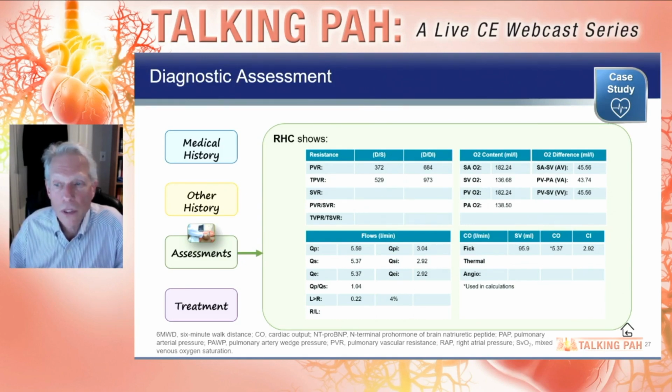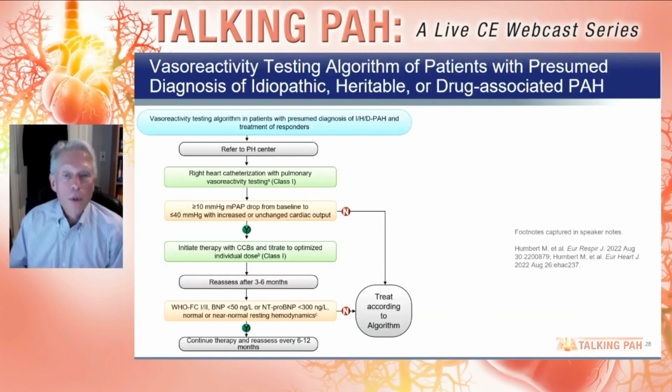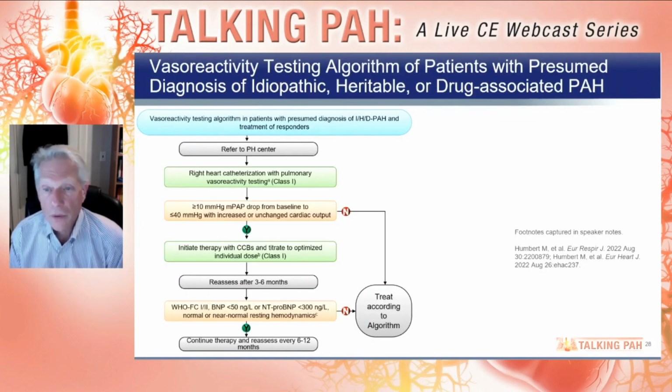You can also see the cardiac output there is 5.4 liters per minute and an index of 2.9. So the other important thing we'll do during a catheterization is vasoreactivity testing. And the importance of vasoreactivity testing is that it sometimes provides an opportunity to treat with simpler medications, such as calcium channel blockers if a patient has reactivity.